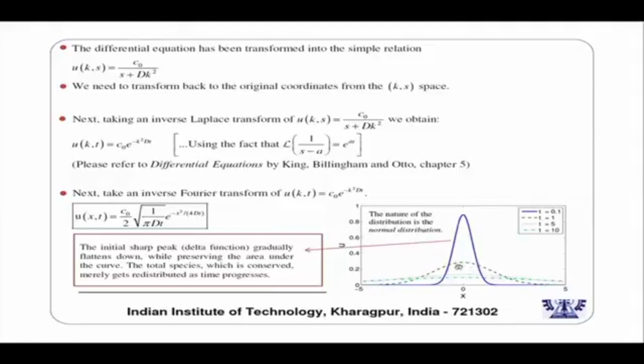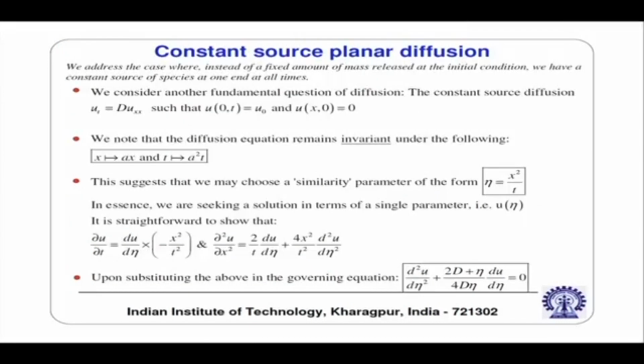The species concentration, from assuming a peak, will come down to a flattened nature, but the area under the curve will be preserved, that is mass conservation. Okay. So when it is flattened it is spread more; when it was not flattened it was spread up to only this, but when it is more and more flattened it gets more and more spread, because the area under the curve has to be conserved. That is the graphical interpretation of the mathematical expression that we have derived.